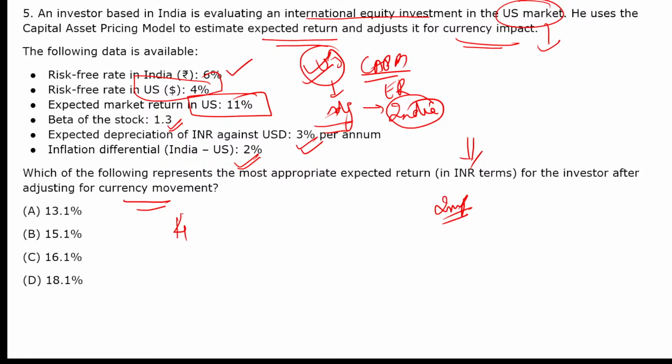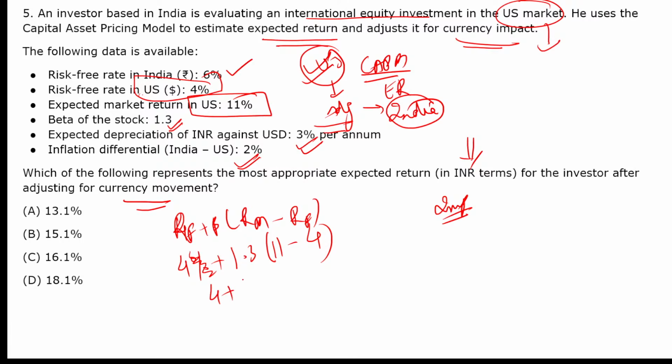The basic formula is risk-free plus beta into market return minus risk-free return. So what is risk-free? Risk-free is 4% in US. I have to take for US 4% plus beta is 1.3 into expected return from the market, which is 11, and risk-free is 4.